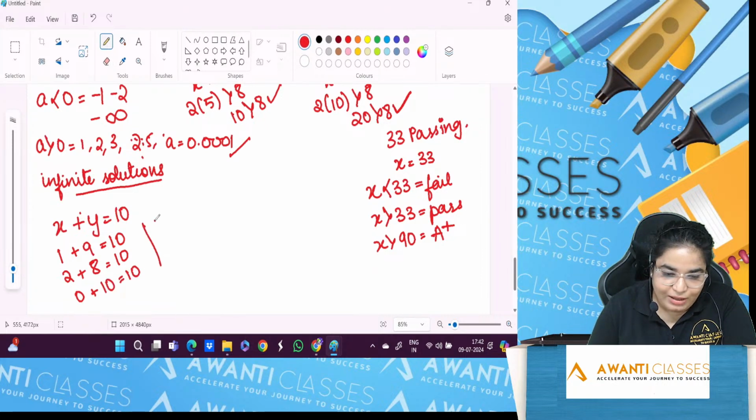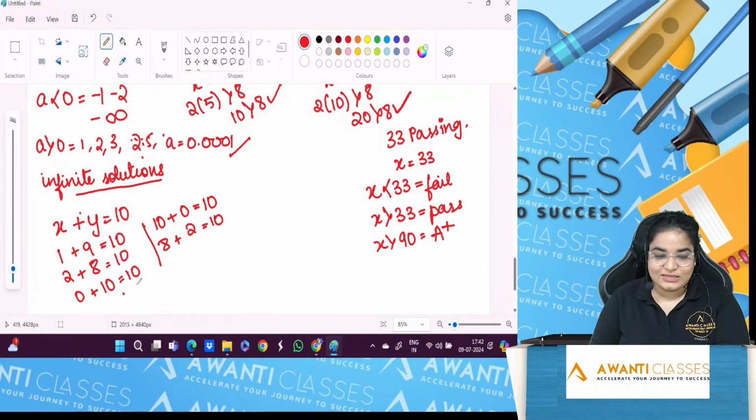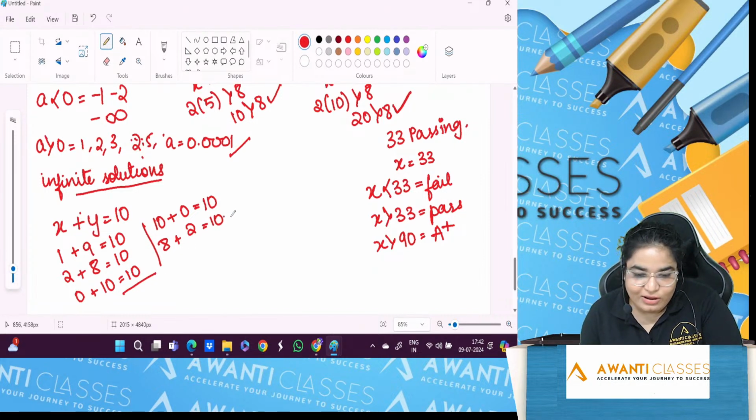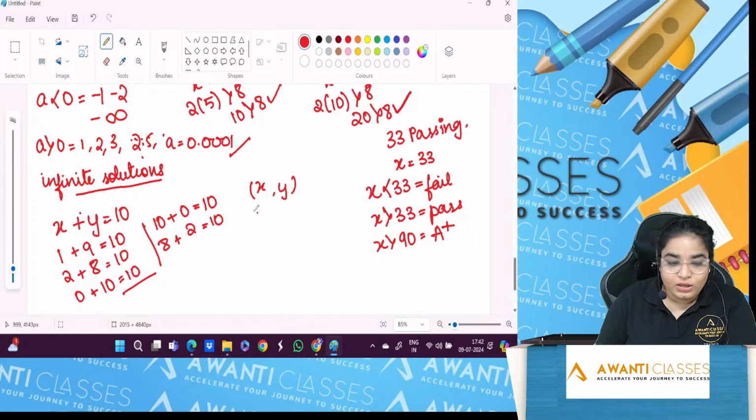Similarly, if y is 0, x will be 10. If x is 8, y will be 2. Yes or no? Can you understand this? So in this case, if I want to plot it, graph points are plotted like this, x comma y. If x is 1, y is 9. If x is 2, y is 8. If x is 0, y is 10.